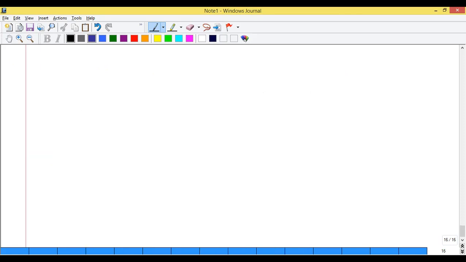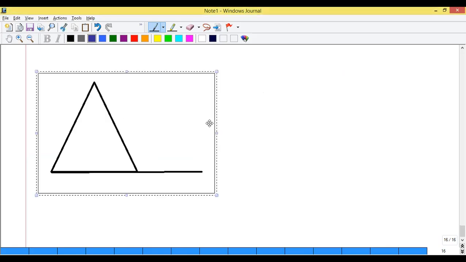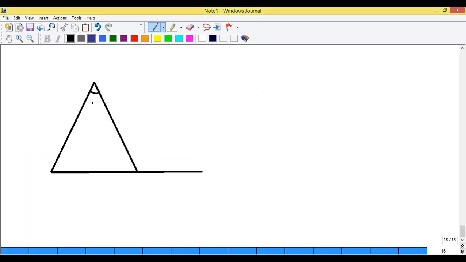If I take a triangle, I'll take this angle as A, this angle as B, this angle as C, this angle as E. E is like an external angle, right?